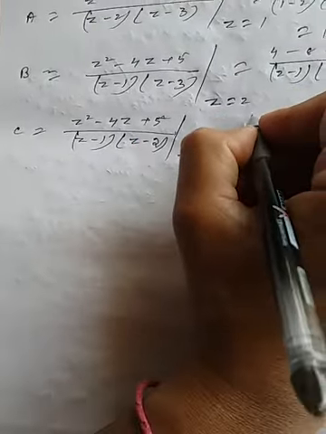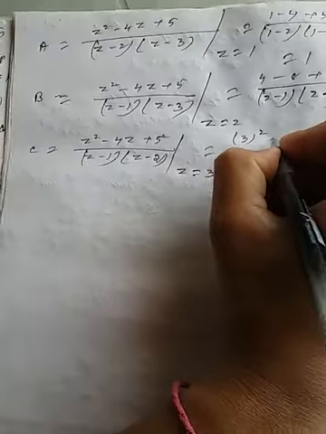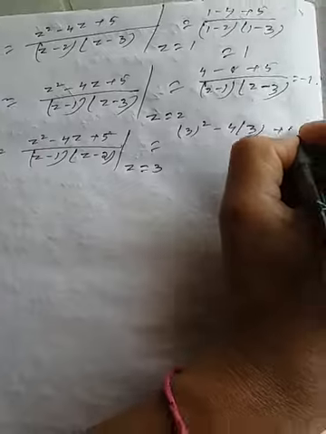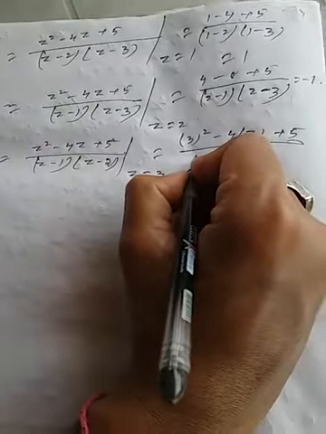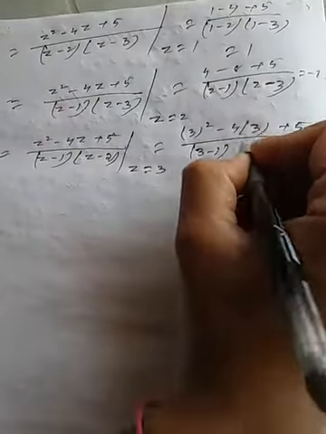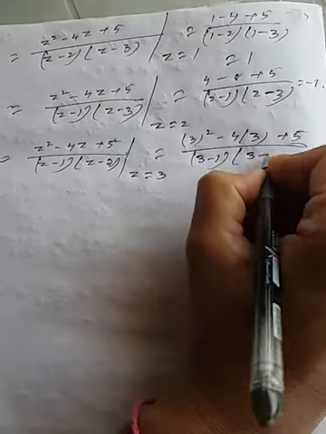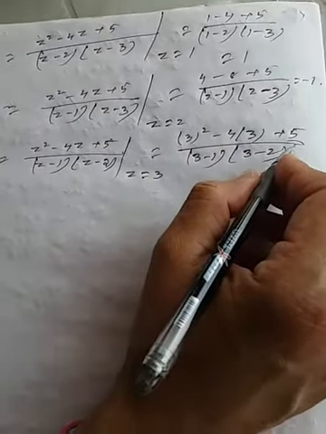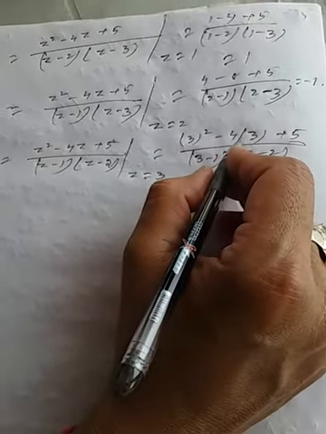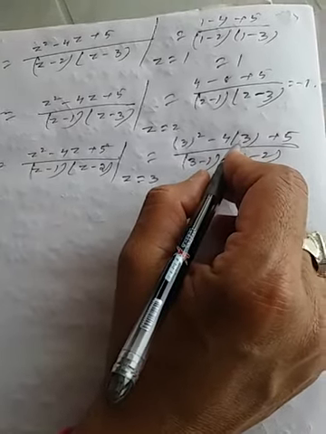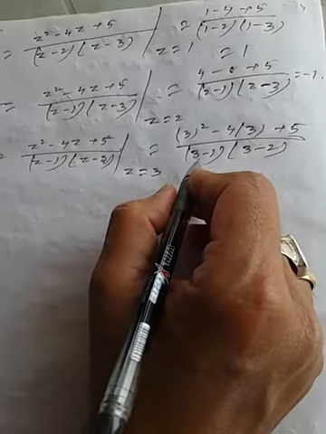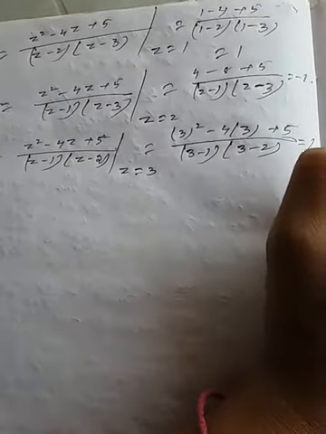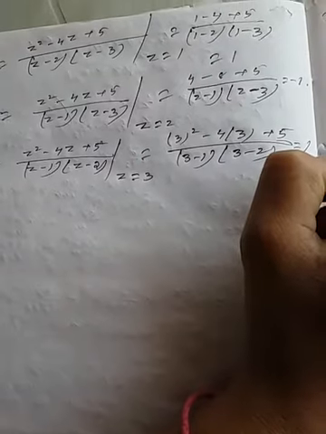So if we put 3, it will be 3 squared minus 4 into 3 plus 5 divided by 3 minus 1, and this is 3 minus 2. Okay, so this will be 9 plus 5, that is 14, minus 12. 14 minus 12, that is 2, divided by 2 into 1, so 2 by 2 equal to 1. So C will be equal to 1.